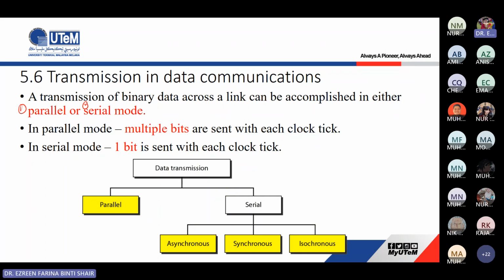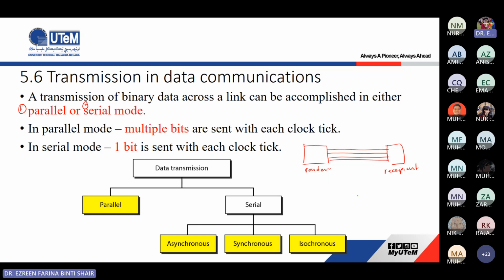In parallel mode, multiple bits can be sent with each clock tick. So for parallel, you will have a sender over here, and then a recipient here, and the data can be sent multiple bits at a time.